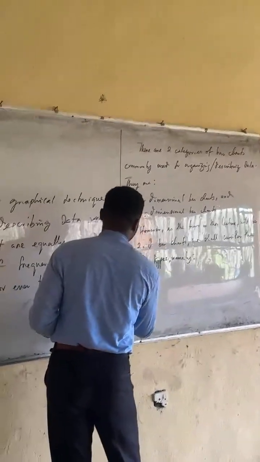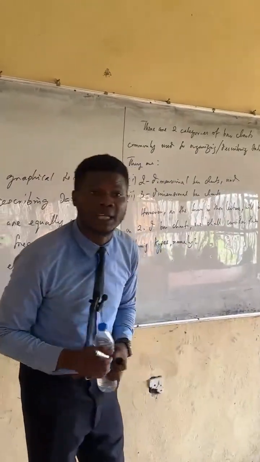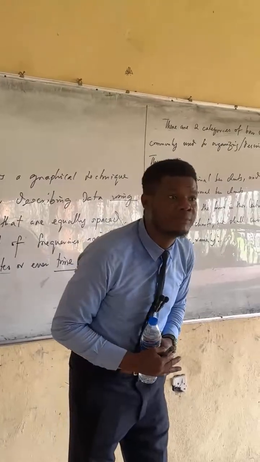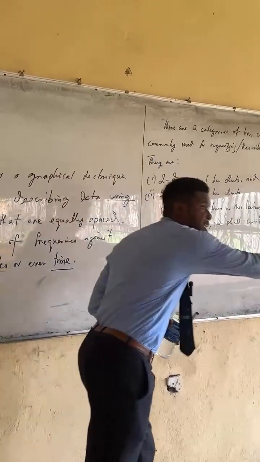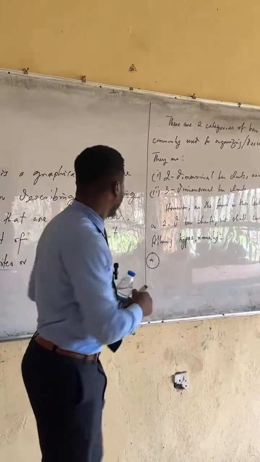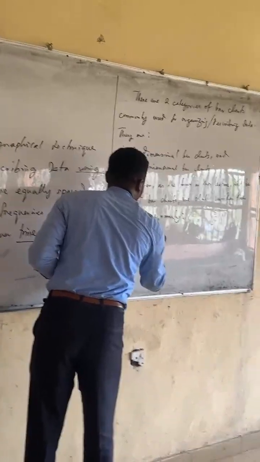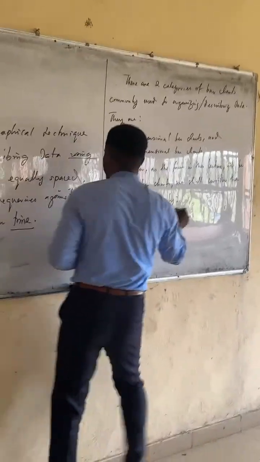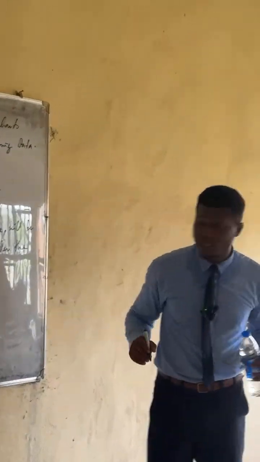Now, whether 2D bar chart or 3D bar chart, the types remain the same. Do you get me? So the types we are mentioning could be 2D, they could be 3D. Number 1, we have what we call the single bar chart. I'm going to explain.